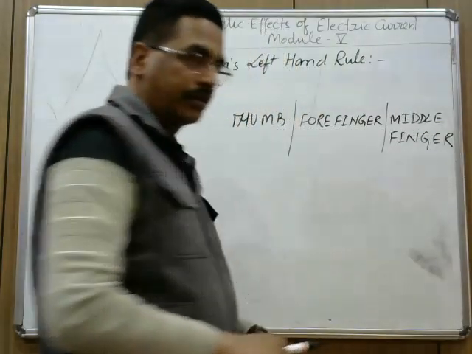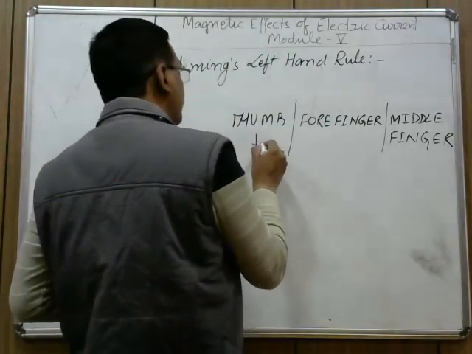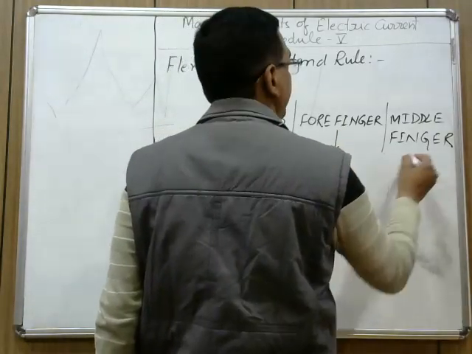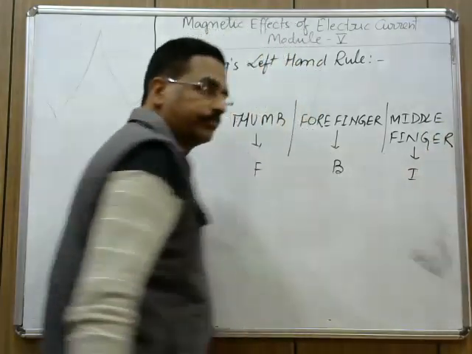Now, thumb corresponds to force, forefinger corresponds to magnetic field, and middle finger corresponds to current.